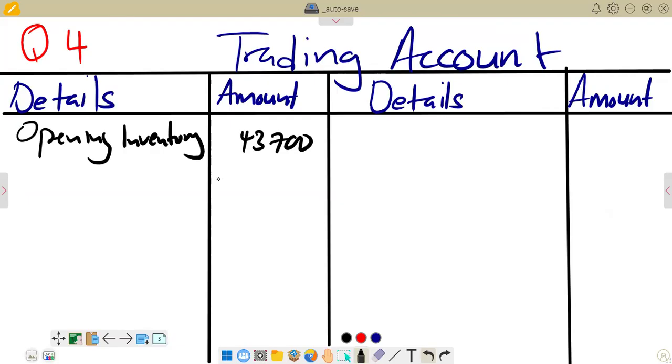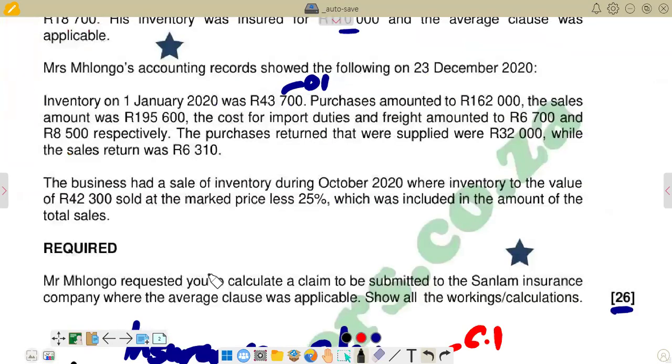And so we can try to see the figures of sales and purchases. Remember, purchases is going to come to the debit side. Let's start with purchases. You see that purchases amounted to 162,000, but there are returns. We are also told that there are purchase returns. The purchases that were returned to the supplier were 32,000.